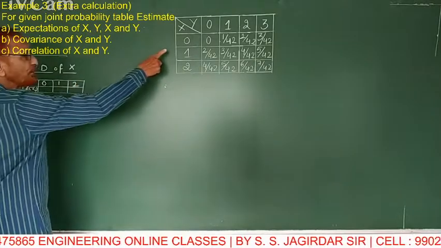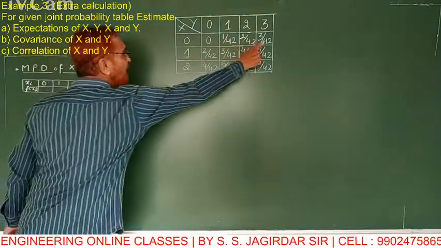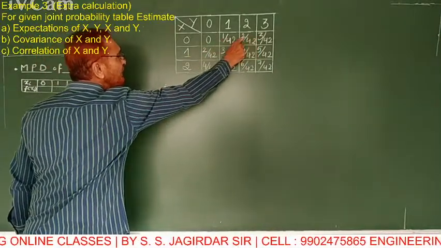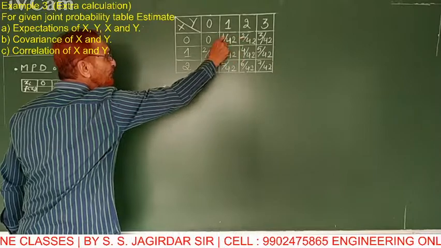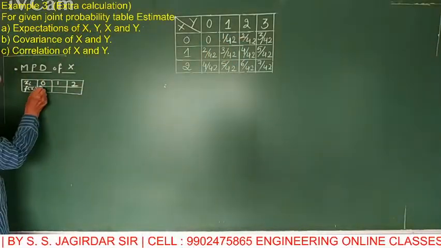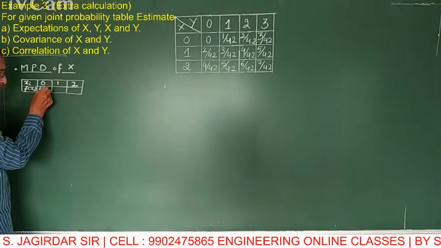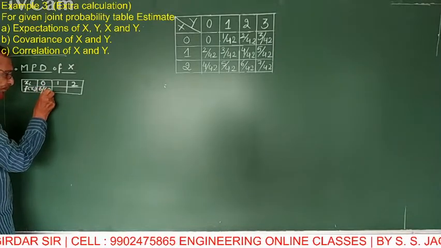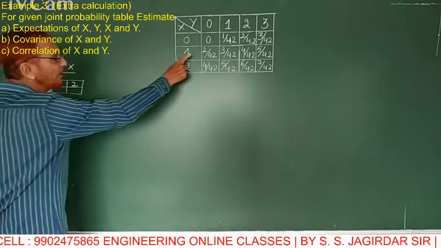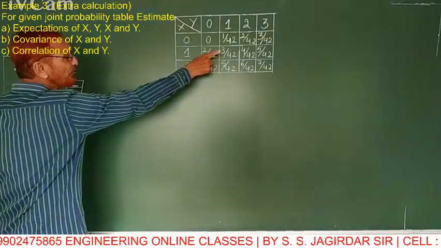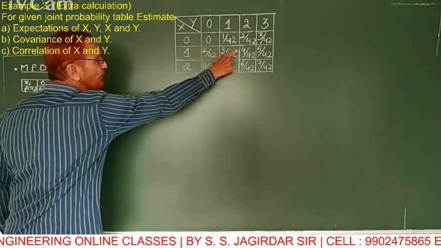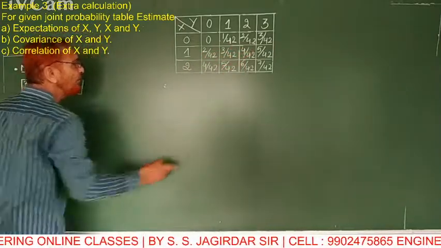For the probability of 0 you have to add all these: 0, 1, 2, 3. So 3 plus 2 is 5, 5 plus 1 is 6. So 6 upon 42. Now for the second, 2 upon 42, 3 upon 42, 4 upon 42, 5 upon 42. You add 2 plus 3 is 5, 5 plus 4 is 9, 9 plus 5 is 14.